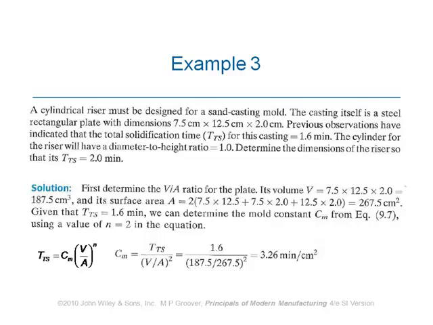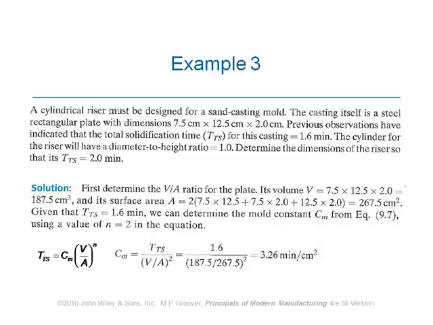Having this information at hand, we can compute the value of Cm, which is 3.26 units per square centimeter. Okay? Should be cubic centimeter. Should be cubic. Anyway, that's the value of Cm.